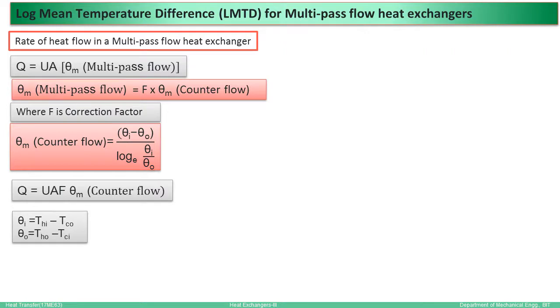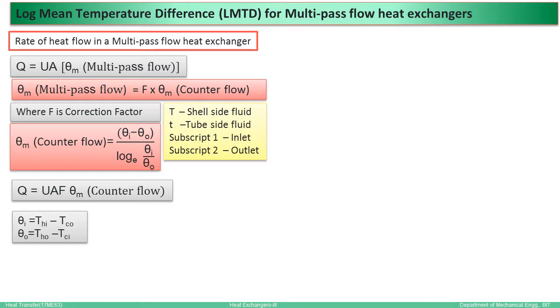Theta I and theta naught for counter flow are known, and in this case we can express capital T as the shell side fluid and small t as the tube side fluid. This is because in most applications of multipass flow or shell and tube heat exchangers, the cold fluid is usually flown inside the tubes, whereas the hot fluid is flown over the tubes.